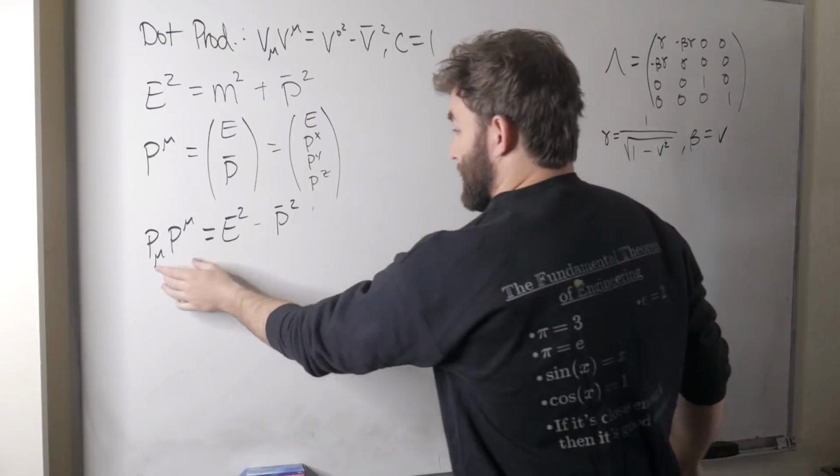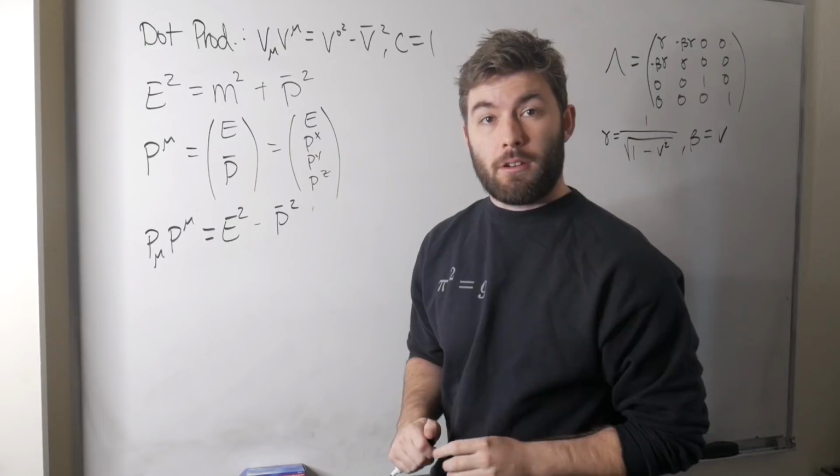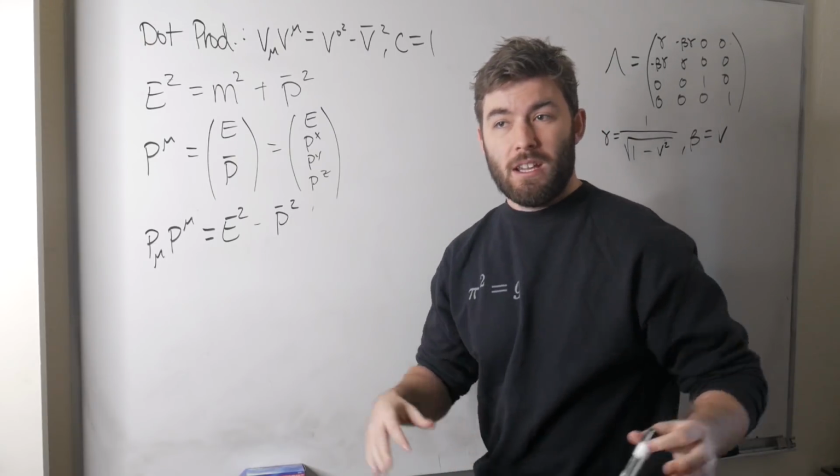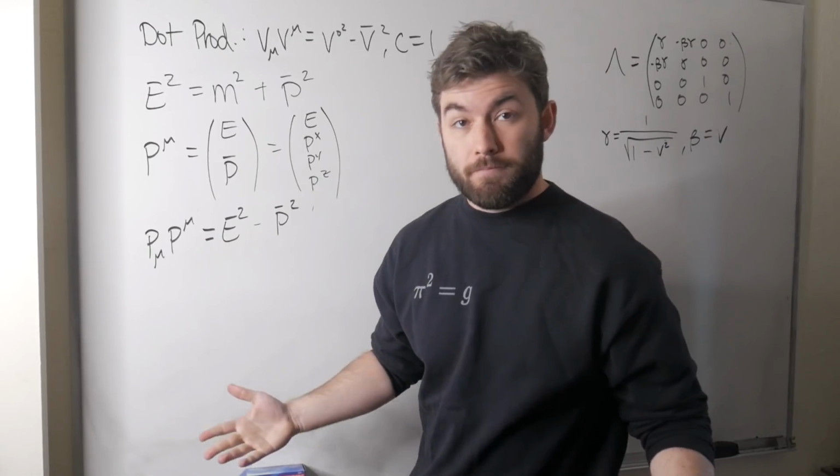So whatever this difference is, it is a Lorentz invariant. It does not depend on your reference frame because, as we proved, the length of a vector is a scalar.